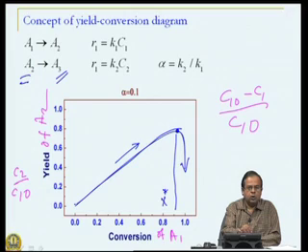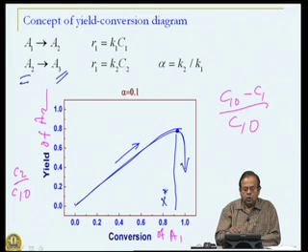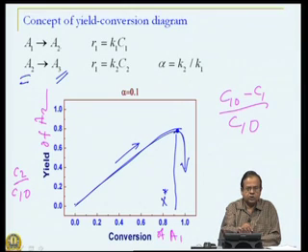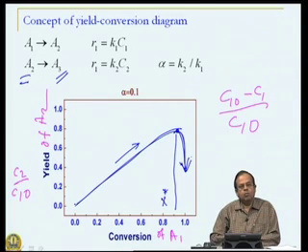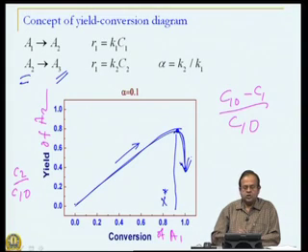So, beyond this critical point, instead of A2 accumulating in the system, it actually is now consumed, and we are seeing formation of more and more of A3. So, if this is the kind of system that we have with us, then it does not make any sense to design reactors for more than critical conversions such as this X star.